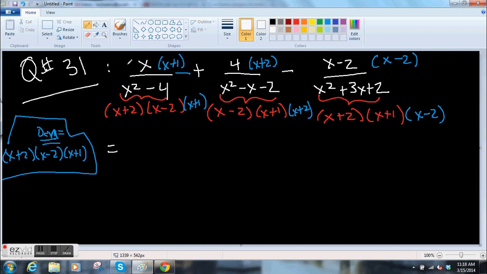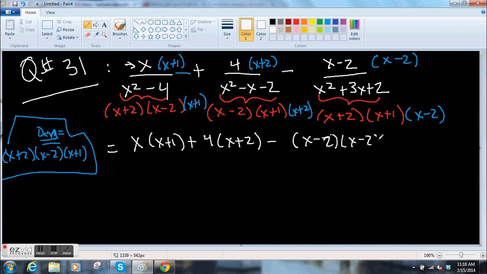So everything up here turns into x times x plus 1, plus 4 times x plus 2, minus x minus 2 times x minus 2, because you're subtracting this piece, all divided by the denominator. I don't want to rewrite it every time, I need the space. You can do this on your homework; you don't have to keep writing the same thing over and over.